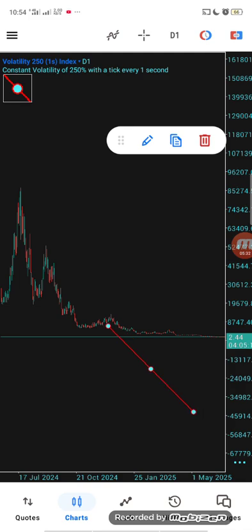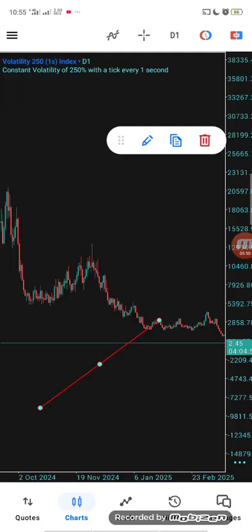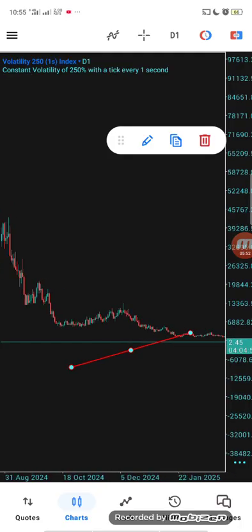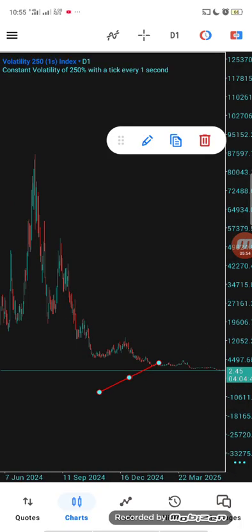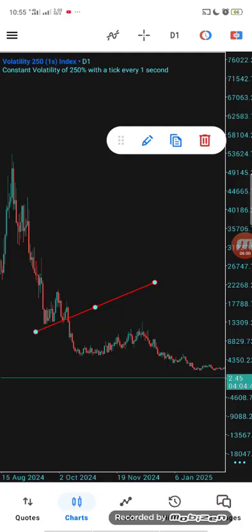I can see so many here. This is past data, but we can use it to show you what you can expect in this market.